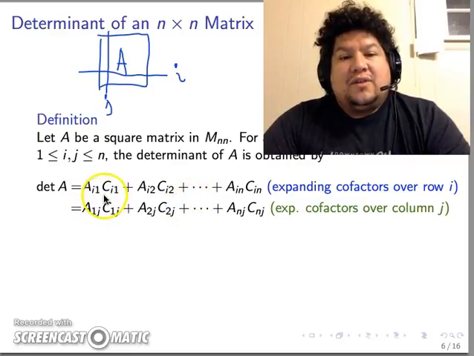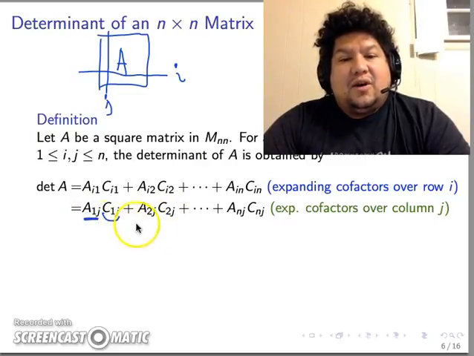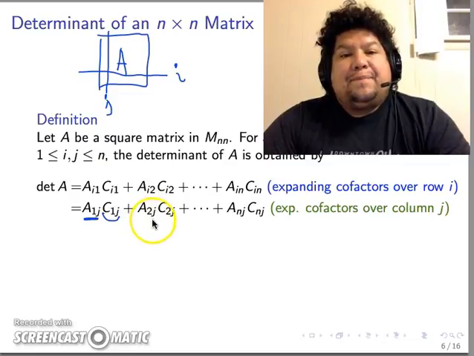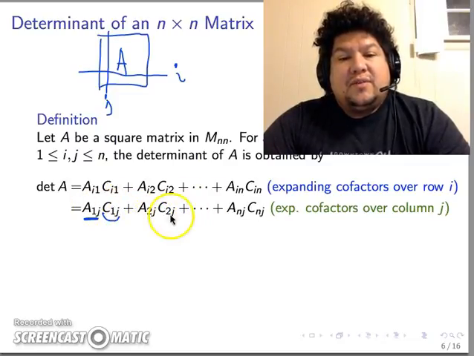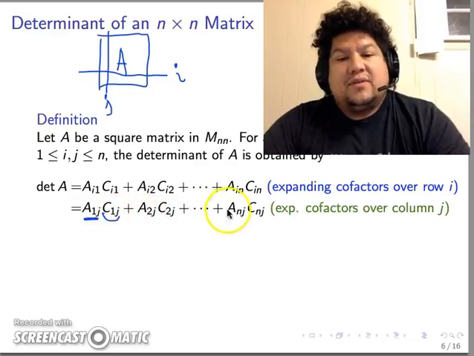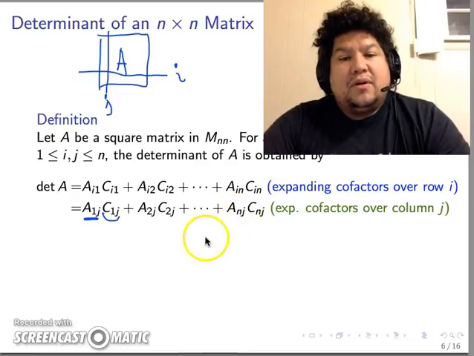Either you choose one particular column when you consider this sum that involves cofactors, and the entries over that column, then you carry out this multiplication: entry times cofactor, entry times cofactor, and so on. Add them up, and then that will be a number.